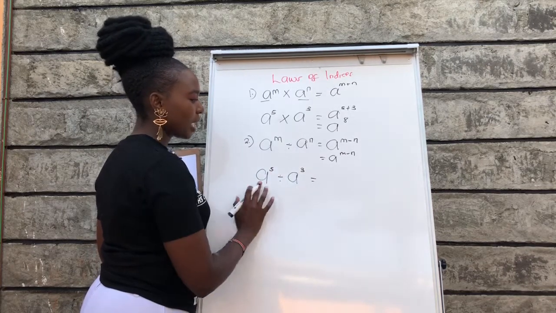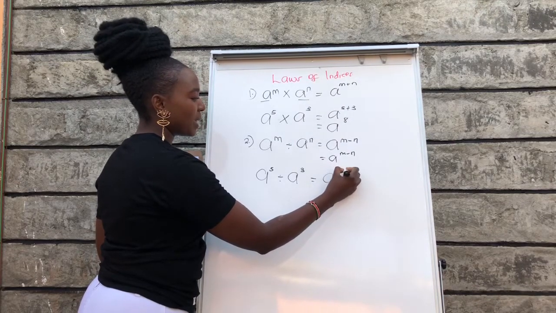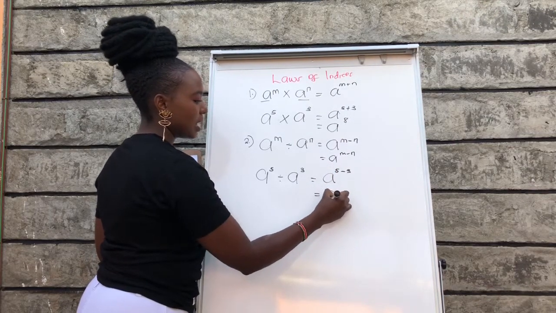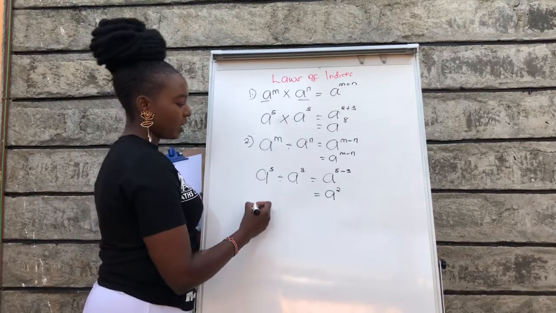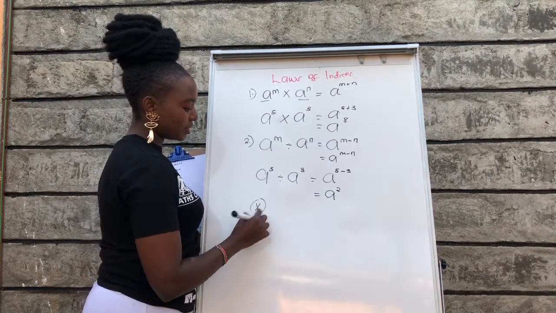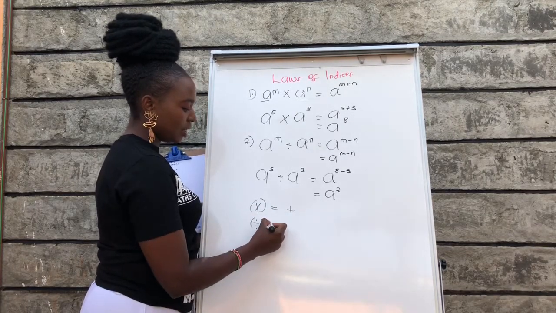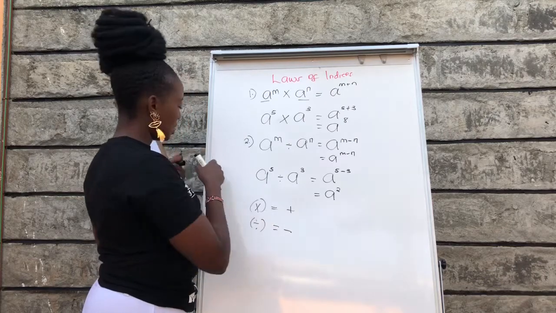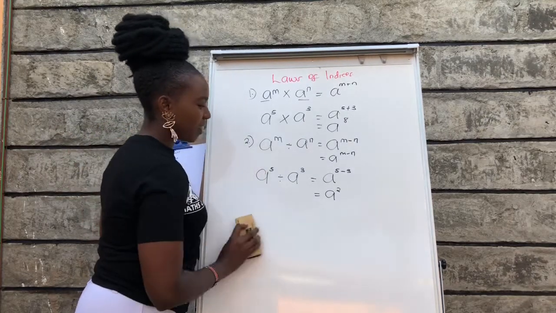It becomes a to the power 5 minus 3, so this is a^2. So what you've seen is that when given the multiplication sign, you add, and when given the division sign, you subtract. Let's look further.